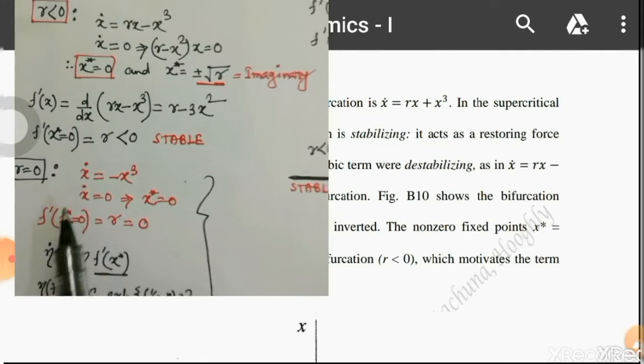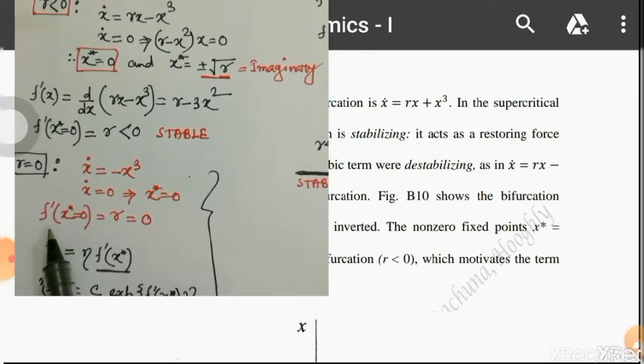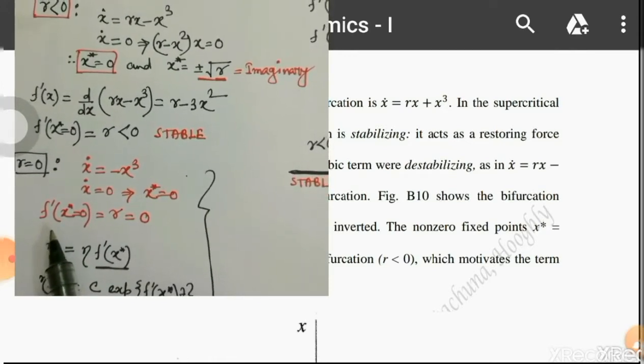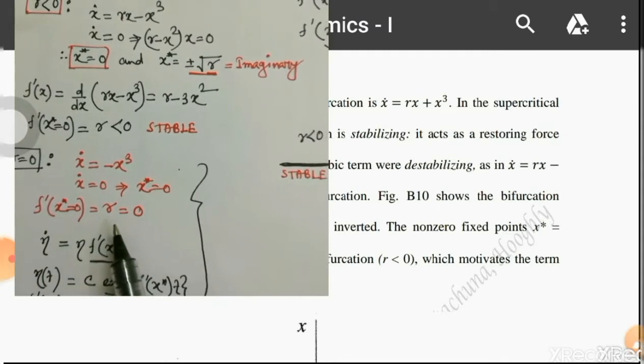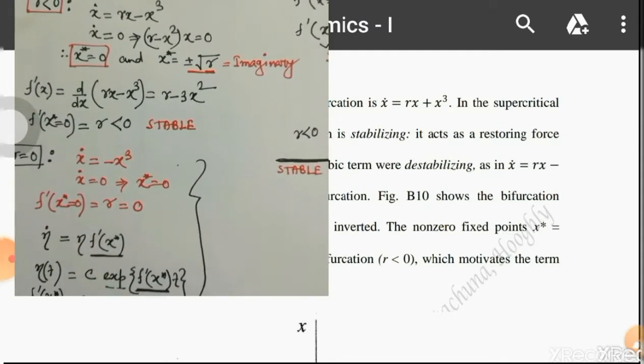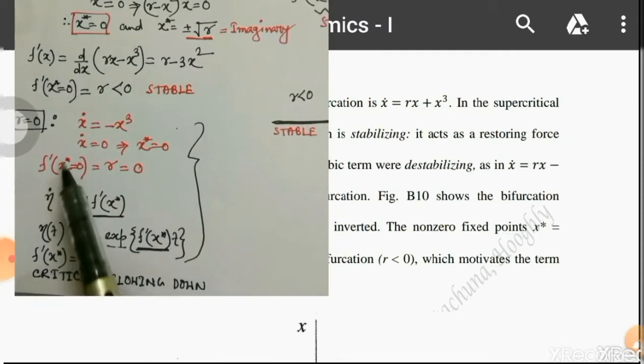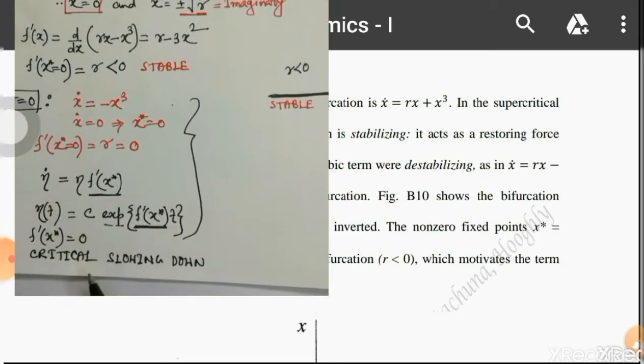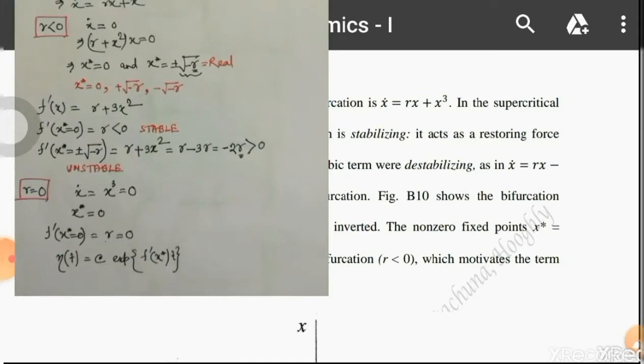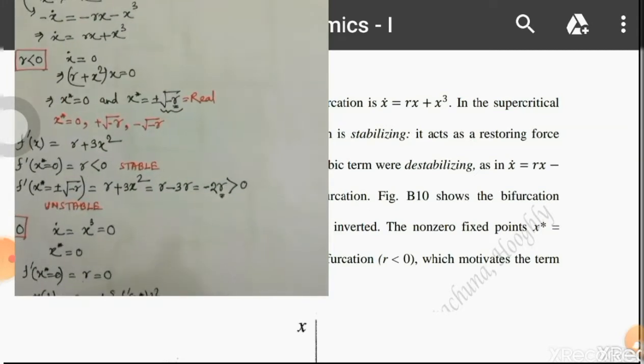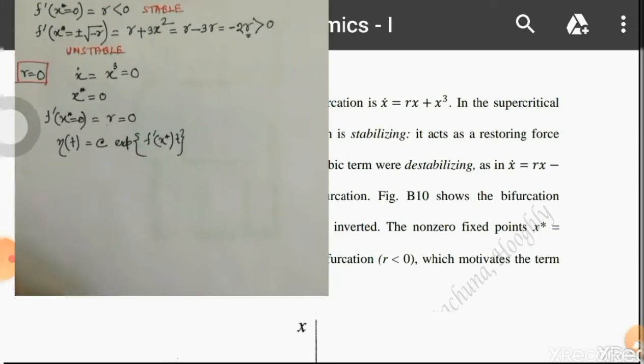When r is equal to 0, the fixed point x star equals 0 is the condition of critical slowing down. Okay. Next is the condition when r is greater than 0.